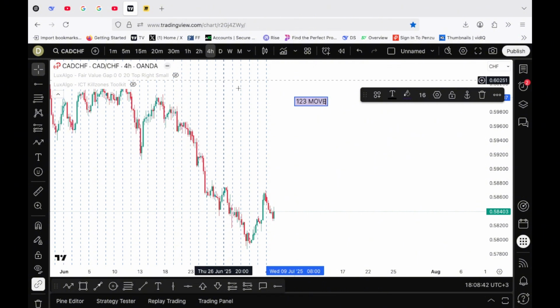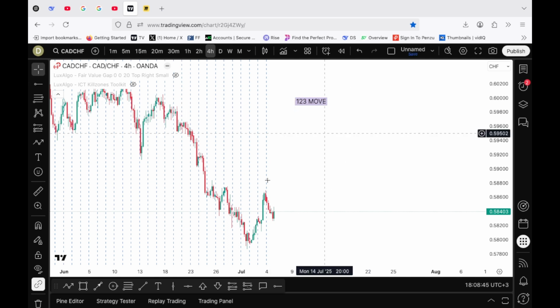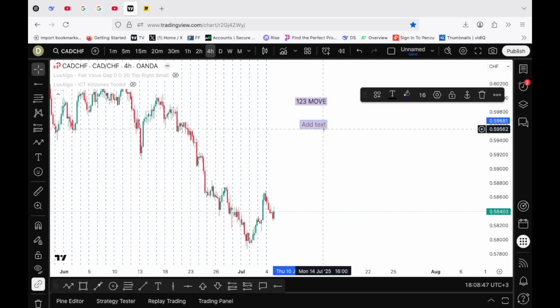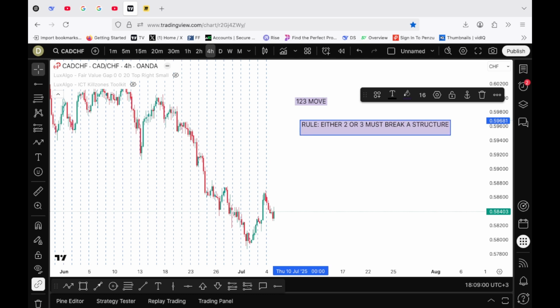The rule is either 2 or 3 must break a structure to cause change of character.